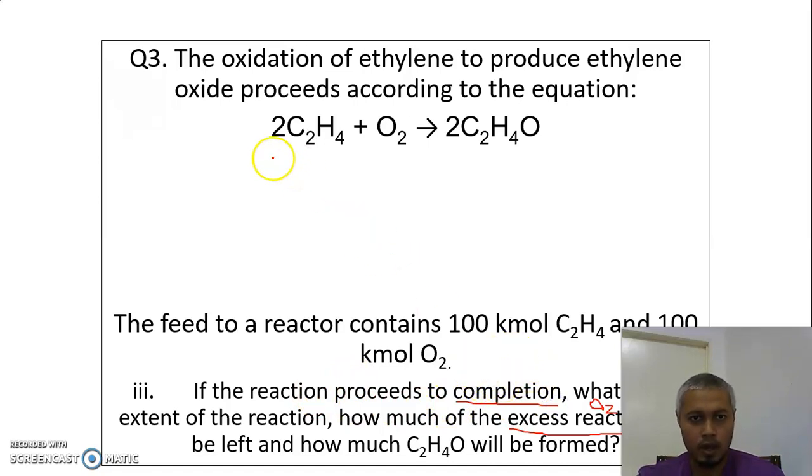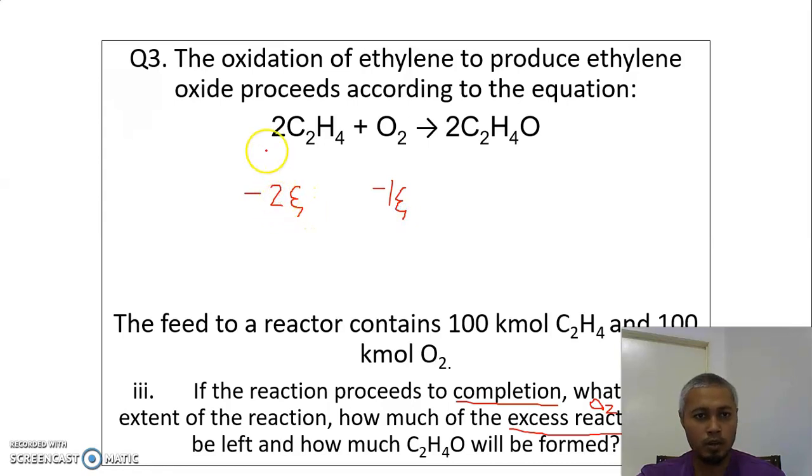Okay, if we use the extent of reaction formula to solve this question, we have minus 2 epsilon for C2H4, then we have minus 1 epsilon for O2.